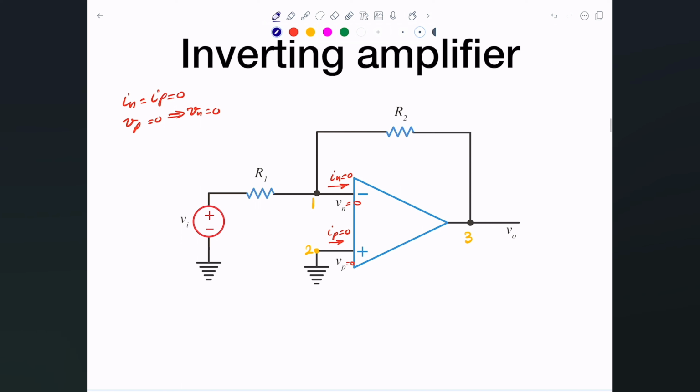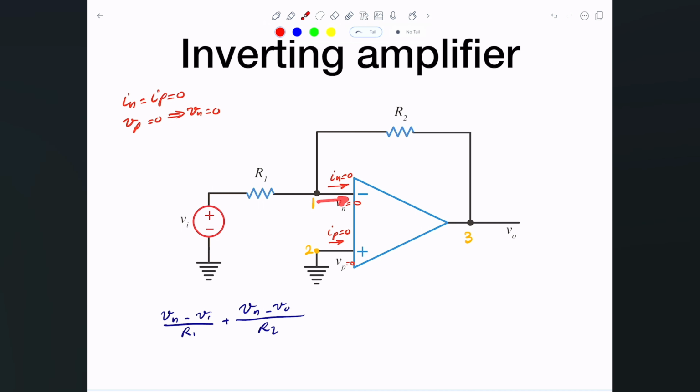So let's get started. The first one is Vn, the negative input, minus Vi divided by R1, plus, I believe, Vn minus V naught divided by R2. And that's basically nodal analysis. I assume that there's a current in here, that's this one, and then the other current is the current going that way, which is basically this V minus this V, which is V output divided by R2.